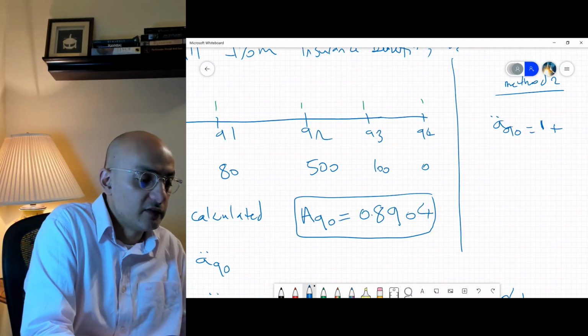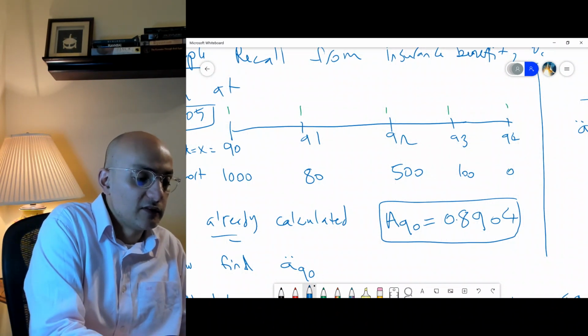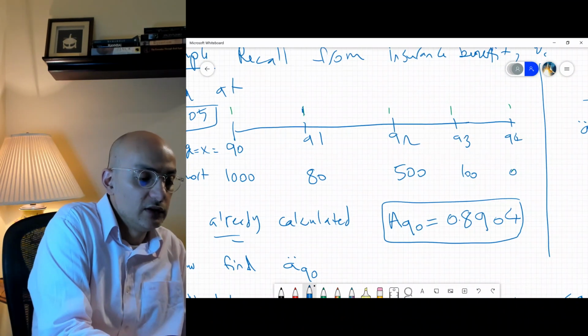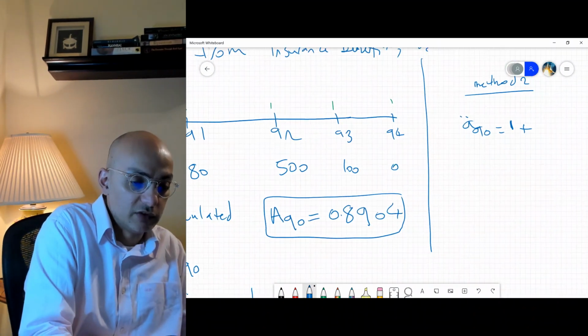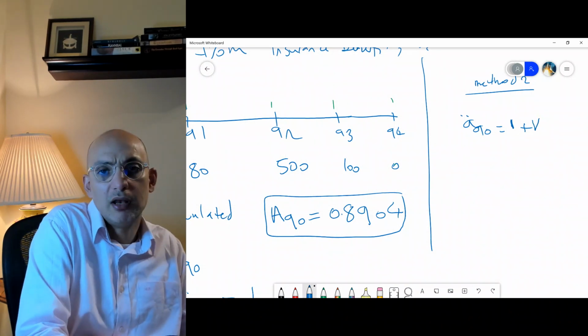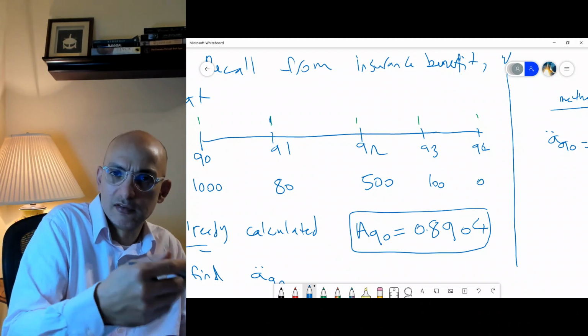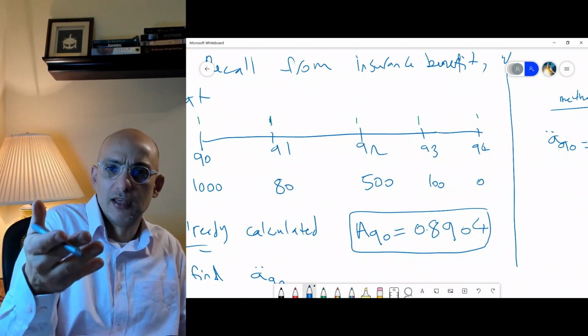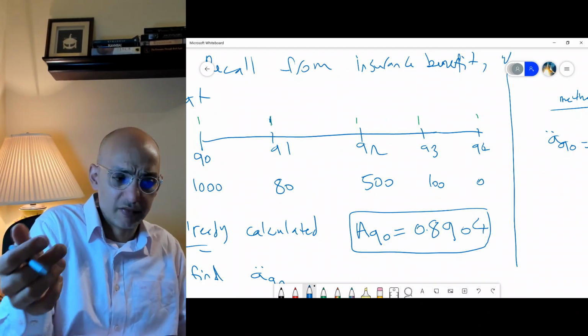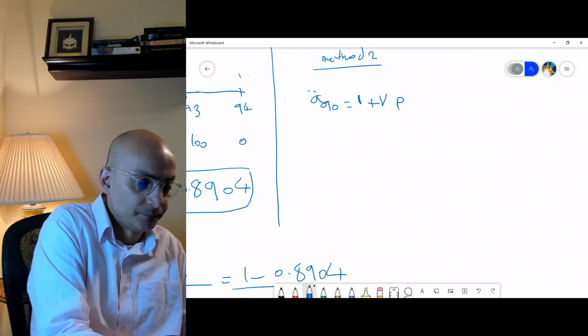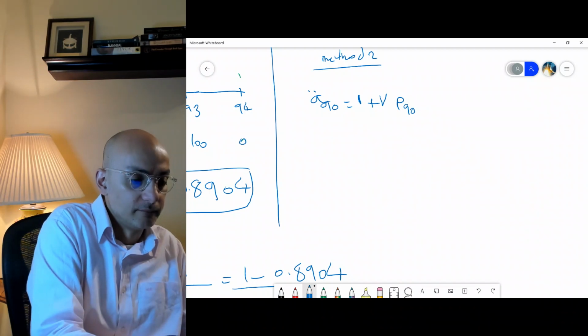Now let's look at the second term. How are you going to get the second benefit here? Firstly, you need to get the discounted value of it, which is v, and multiply it by the probability. You need to survive to get it. It's a life annuity, like a pension. You get the pension if you survive. So to get this, you need to survive, p90.